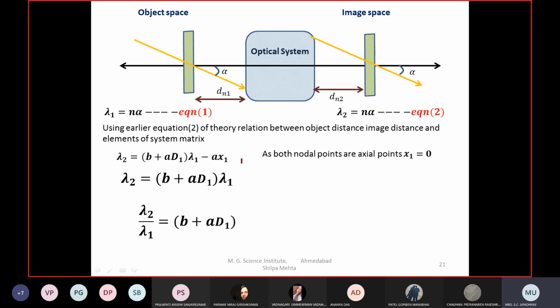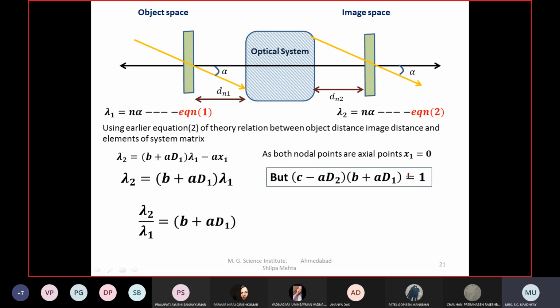Now we also have another equation, or if we take lambda 2 upon lambda 1, it is b plus ad1. Also we have c minus ad2 into b plus ad1 is equal to 1.